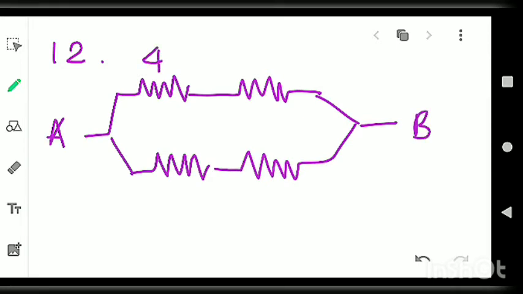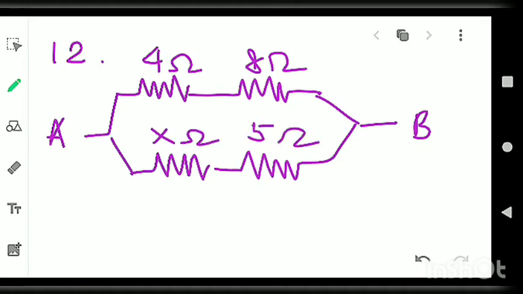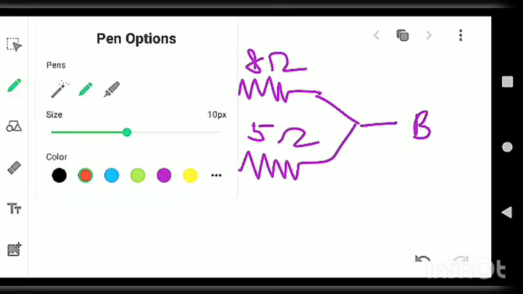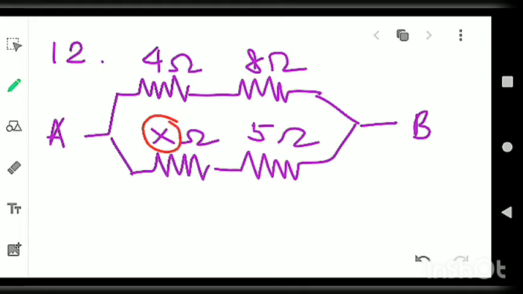This one is 4 ohms, this one is 8 ohms, this one is X ohms, and this one is 5 ohms. They have said that in the circuit below, calculate the value of X if the equivalent resistance between A and B is 4 ohms. So I have to find out the value of this X resistance so that the resistance between A and B equals 4 ohms. Clear?